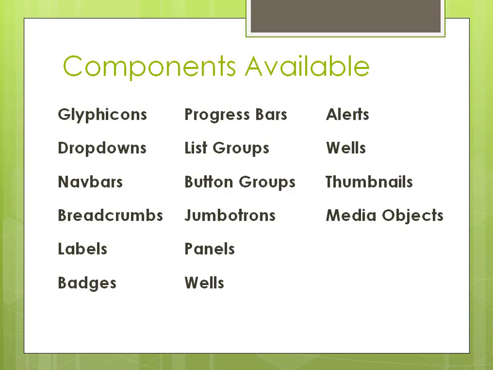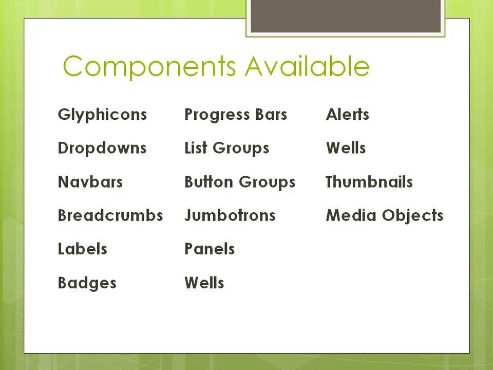Alright, so there's a bunch of components, they're called components in Bootstrap, and these are a few of them. So we have glyph icons. I'm not sure how it's pronounced, but they're basically little icons that you can use in, I don't know, headers, things like that. Drop downs, nav bars, breadcrumbs, labels, badges.